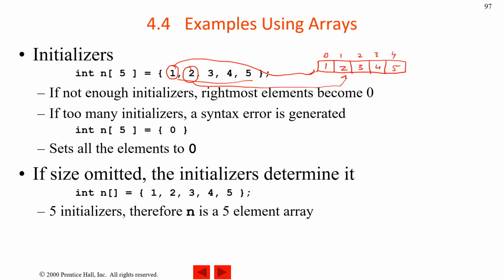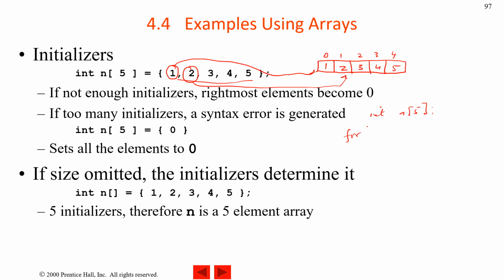So I can do that, or I could have initialized it using a loop if I wanted to. So I can write int n[5]. This is a declaration that there's going to be an array whose name is n and whose size is 5.